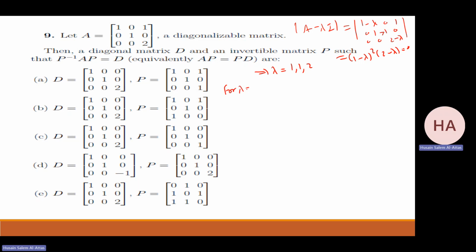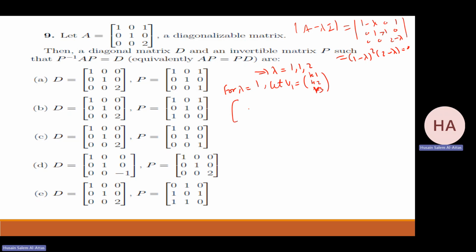Now let me do lambda equals 1. Okay, I'll do this. So I let V1 be K1, K2, K3, and I need to do the calculation.